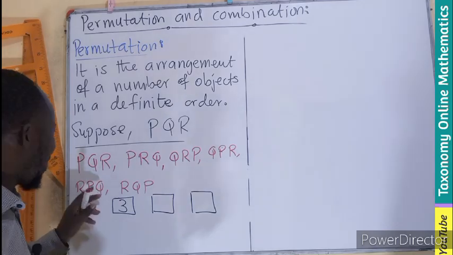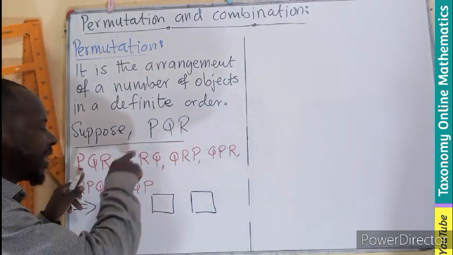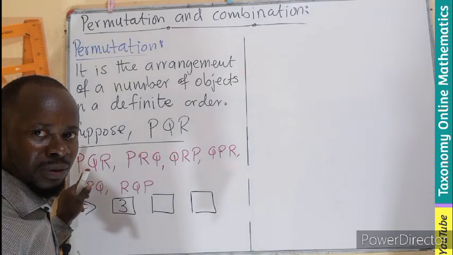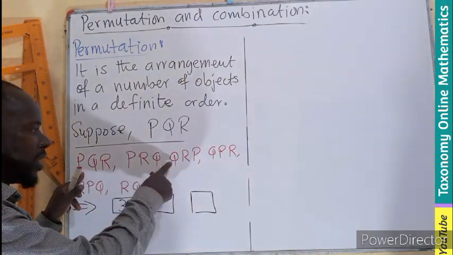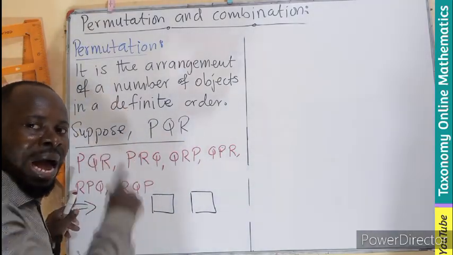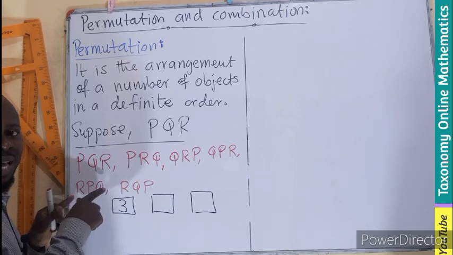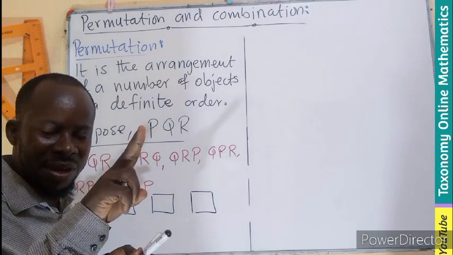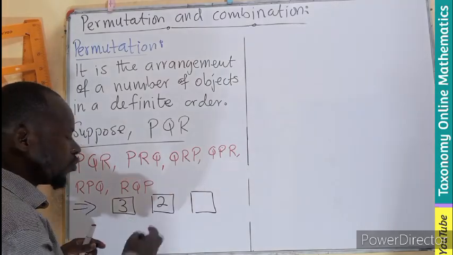The moment I select the first letter, I am left with only 2 letters for the second position. So if I have taken P, Q or R, the moment R is selected, I am left with only P and Q to be selected. So I am left with 2 ways by which the second position can be occupied.